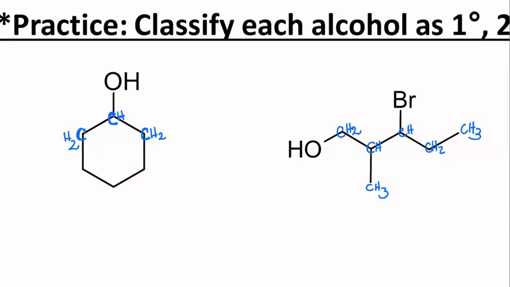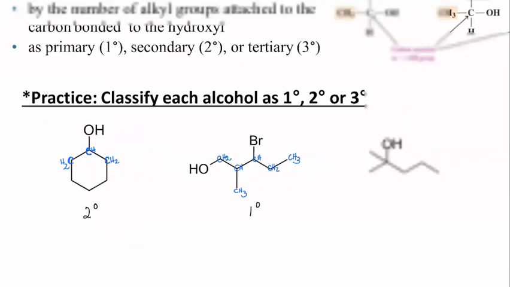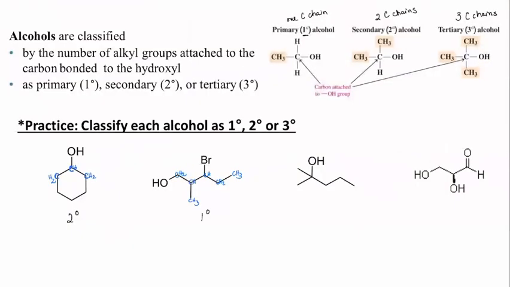So what is the classification of that? I agree. This is a secondary. This is a primary. Okay. Put a 4 in the chat if classifications of alcohols makes a little bit more sense.